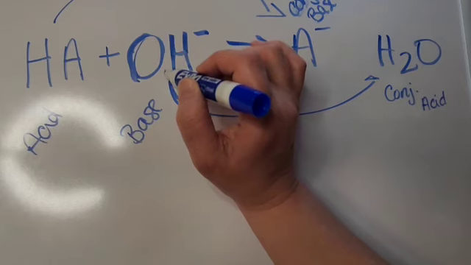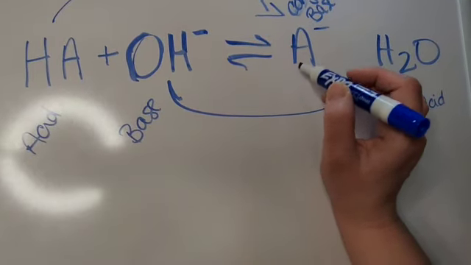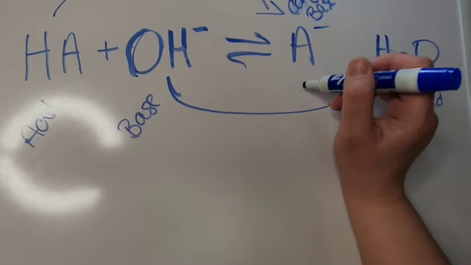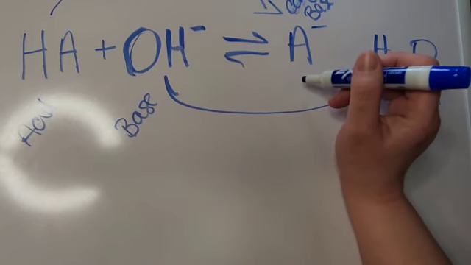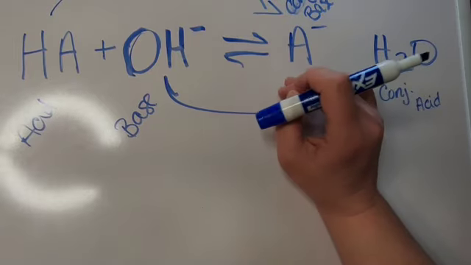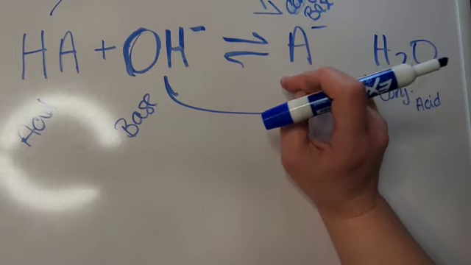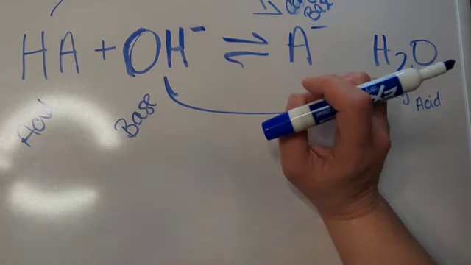And what you're left with is your conjugates. If we had a solution of just A minus, well, that's a base. It's a very weak base, so it's going to have a basic pH. I did just want to throw that out there, and we will illustrate this a little more in some of the reactions that we're getting ready to look at.